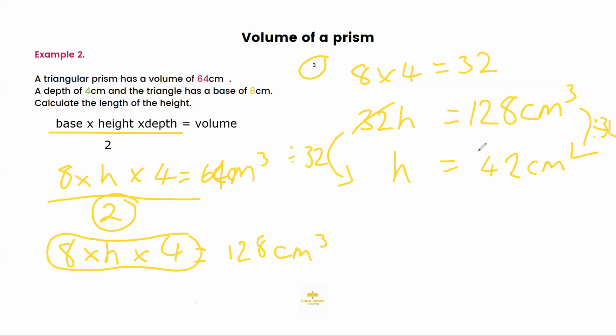That does seem very, very big. Equals 4. Sorry, not 42. Talking gibberish. 4 times 32 is 128. There you go. So 8 times 4 times 4 would give us 128. So yeah, that's right. Hopefully that's all made sense.